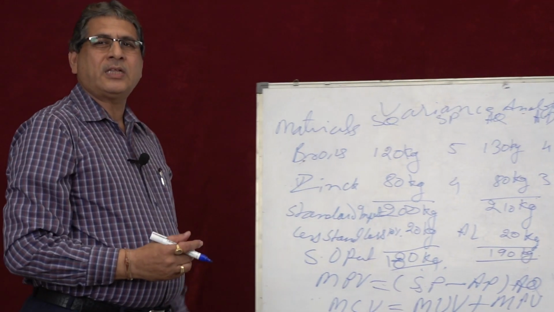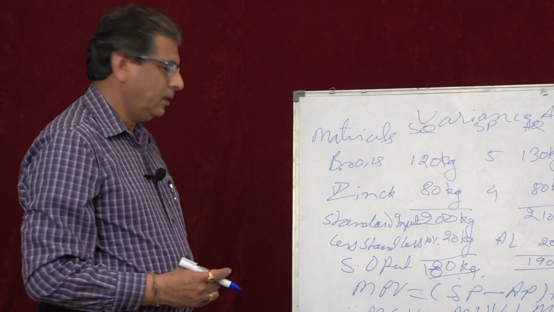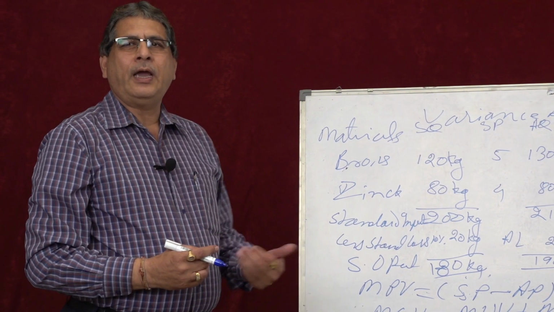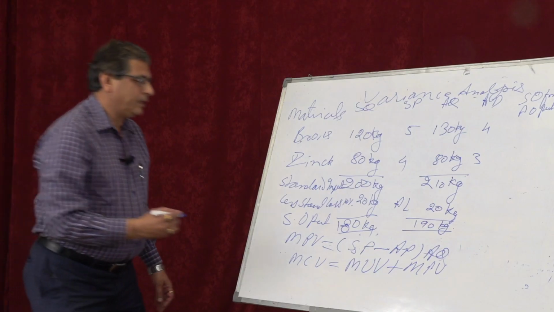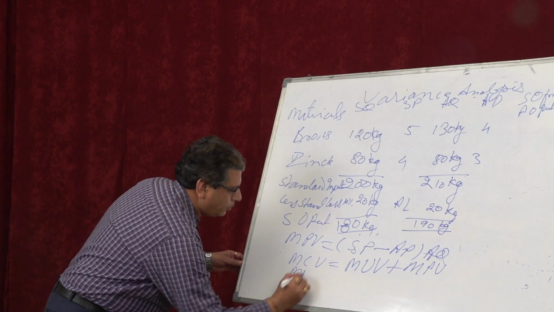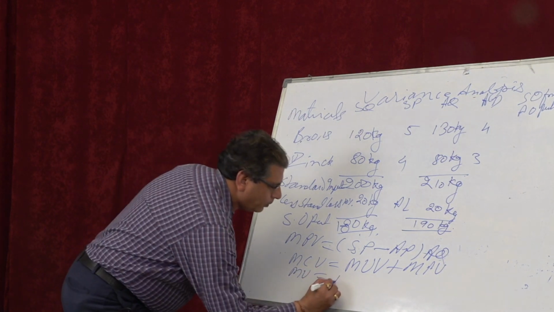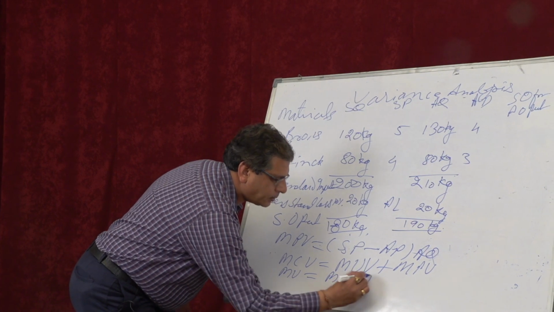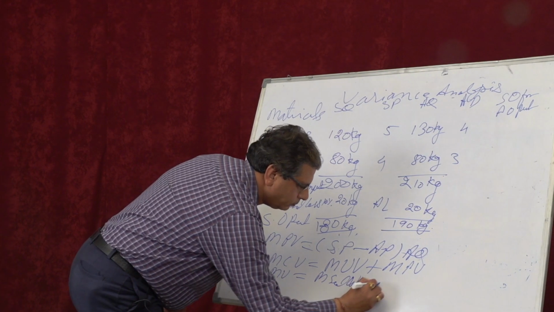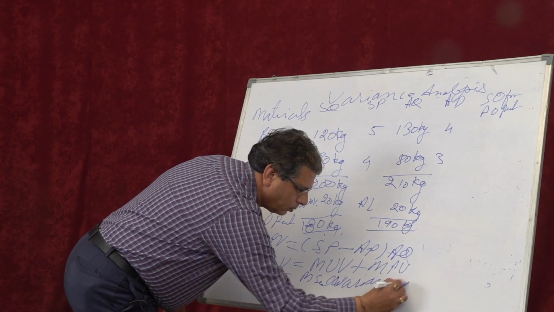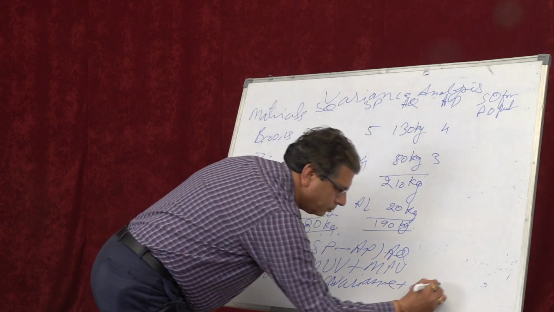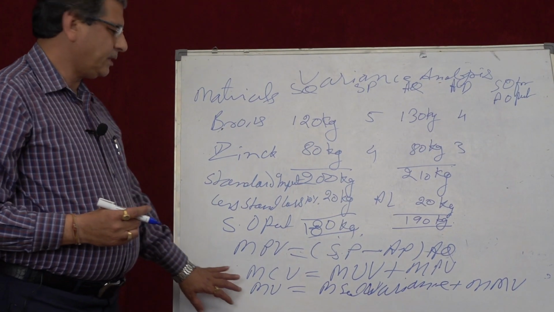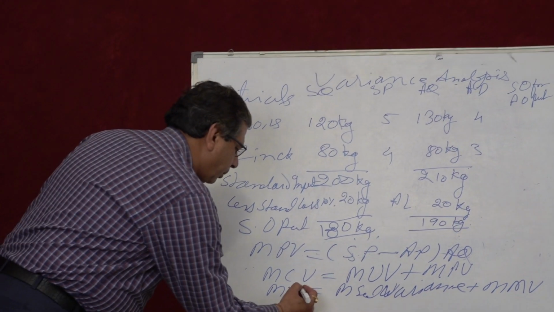Material usage variance further is divided in two parts: material sub-usage variance and material mix variance. So material usage variance is equal to material sub-usage variance plus material mix variance. This equation also holds true.